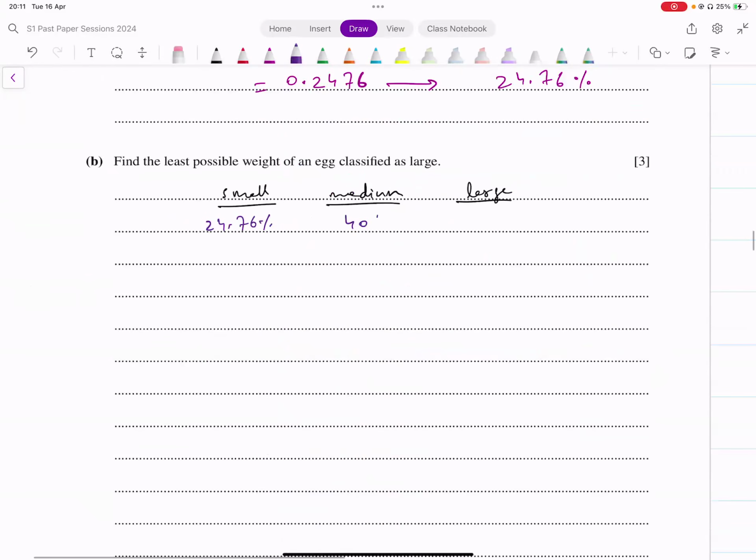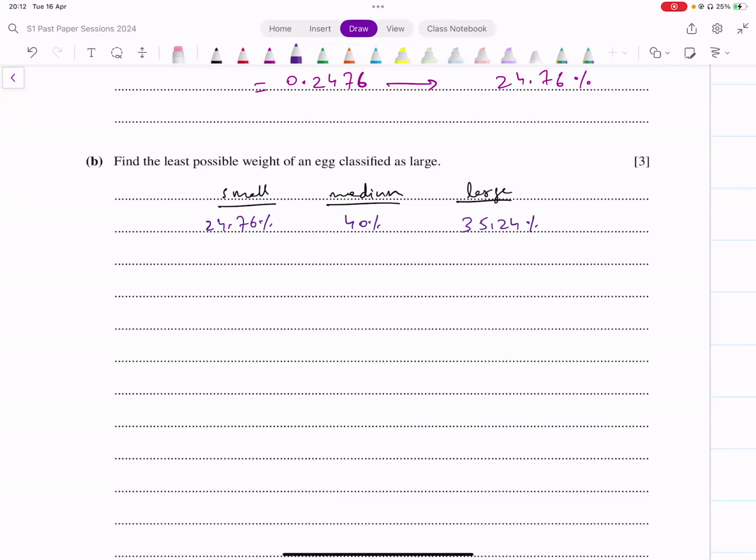What is remaining for large? What percentage is large? 100% minus both of these. What does that give you? 35.24%. This is the percentage of large eggs.